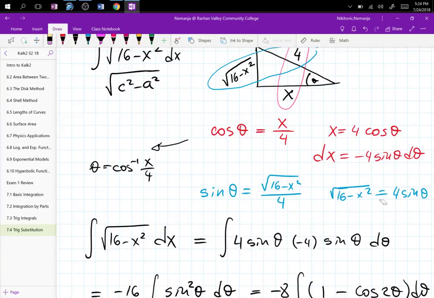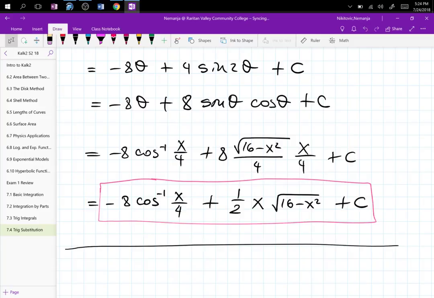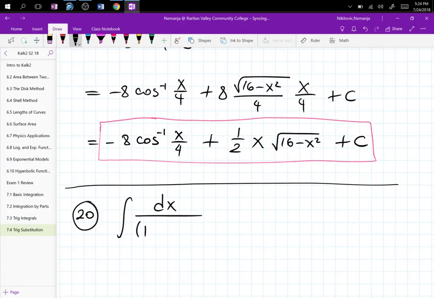So let's take a look at another example. I want to work one with the plus. Oh, perfect. Problem 20. Problem 20 says integral dx divided by 1 plus x squared raised to 3/2.